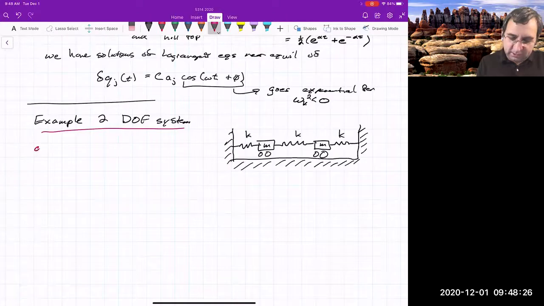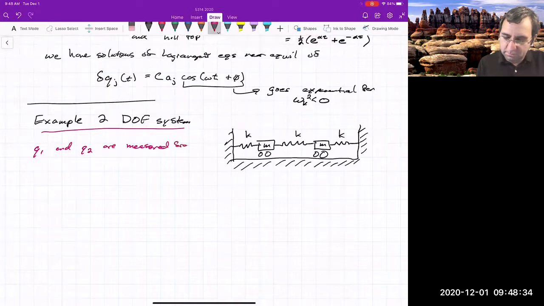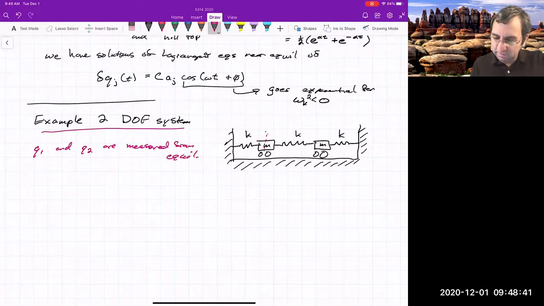We'll say that Q1 and Q2 are measured from equilibrium. So that's the displacement of each of these masses, Q1, Q2.